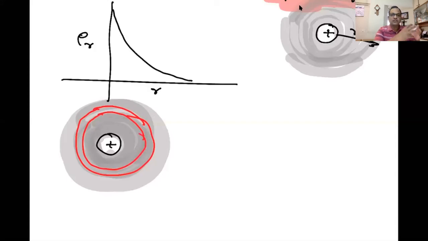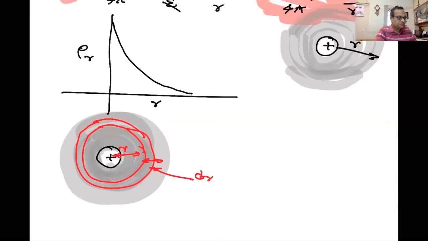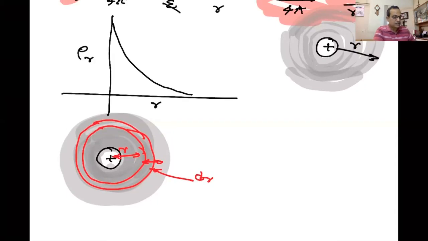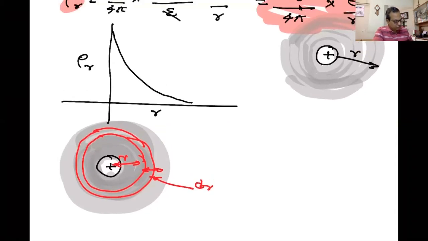So I have chosen the shell of thickness dr and distance r. What I want to know now is the number of charges in the chosen ring or shell.